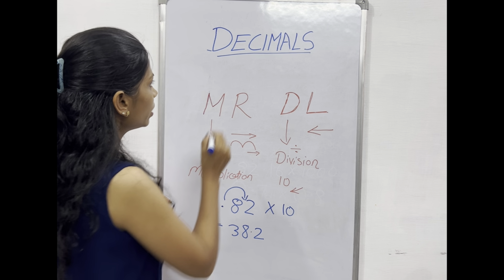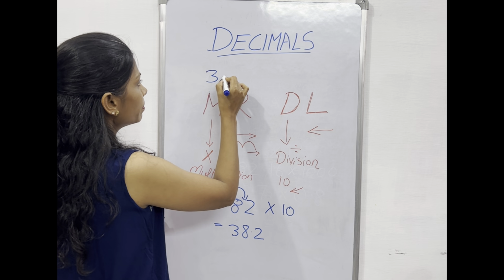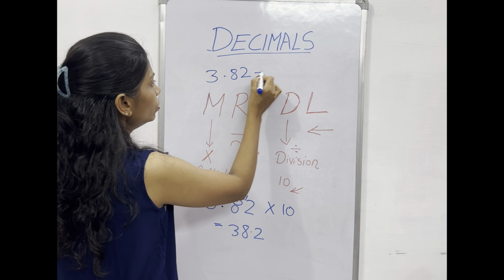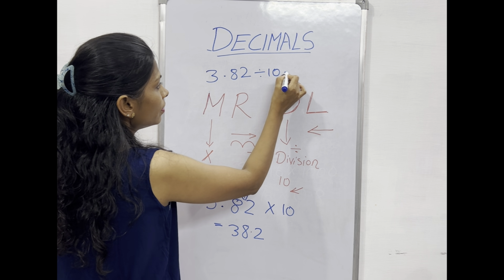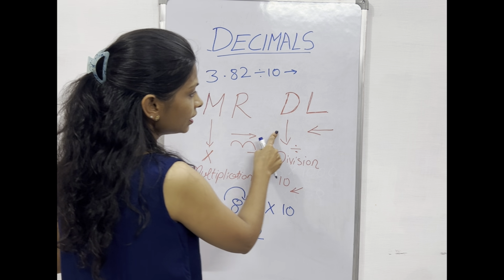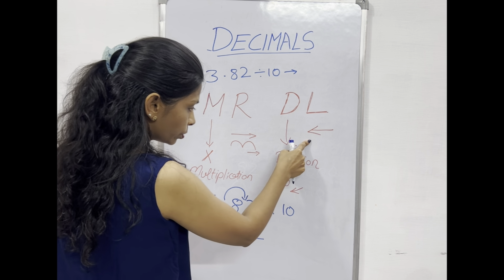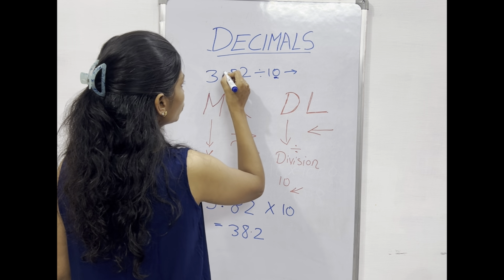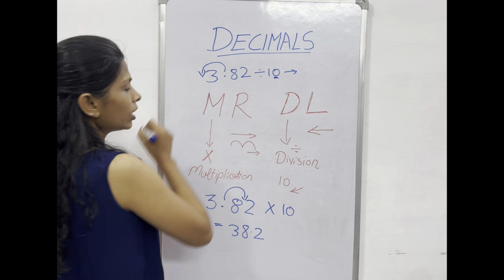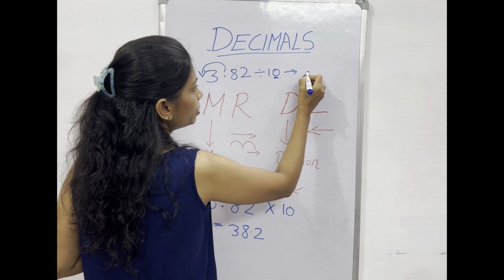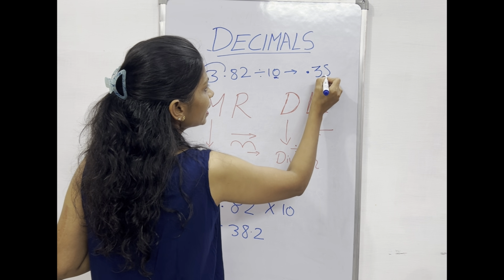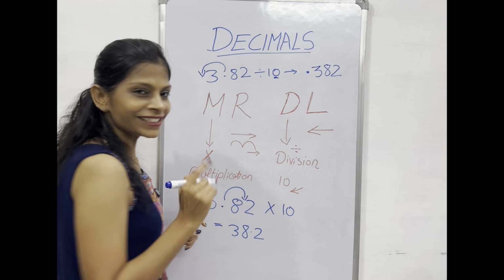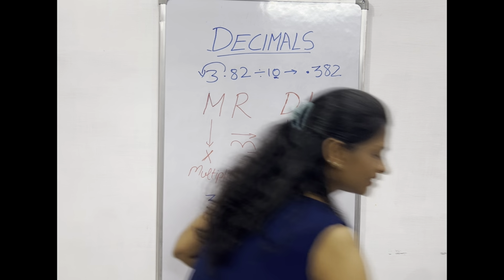Similarly, if I divide the same number 3.82 by 10, now division, the decimal point moves towards the left. How many points? 1 point because I have 1 zero here. So my answer would be 0.382. Let's do some more examples.